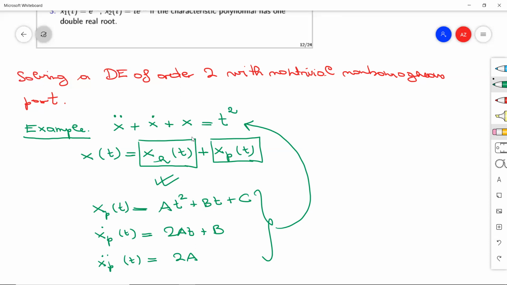This gives us a 3 by 3 system of linear equations.